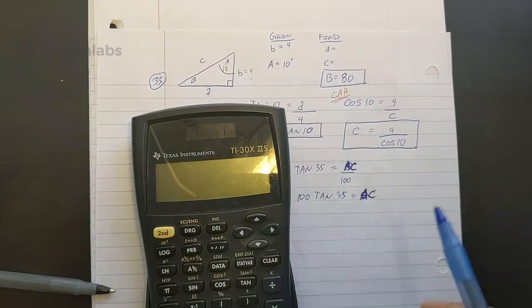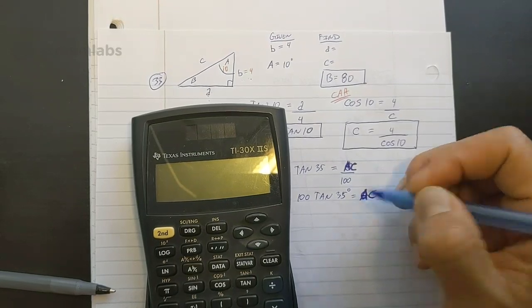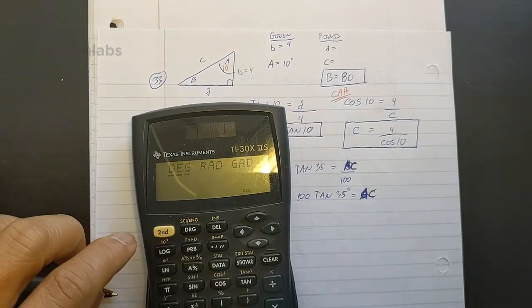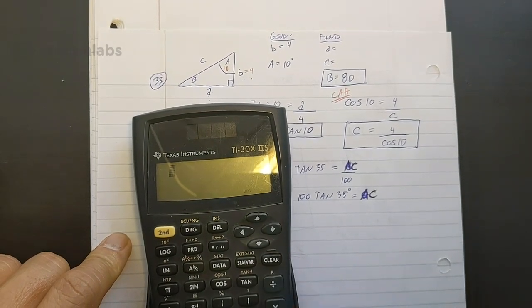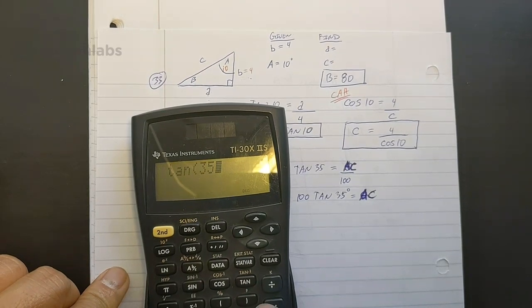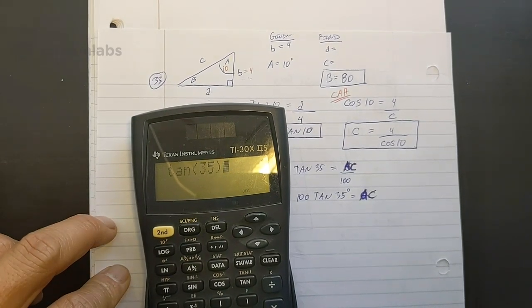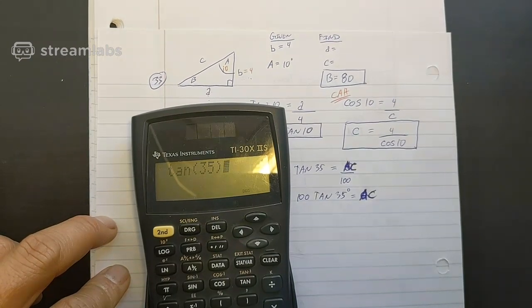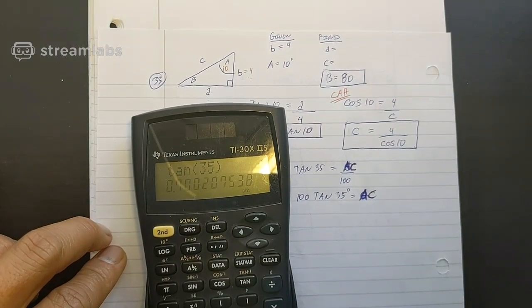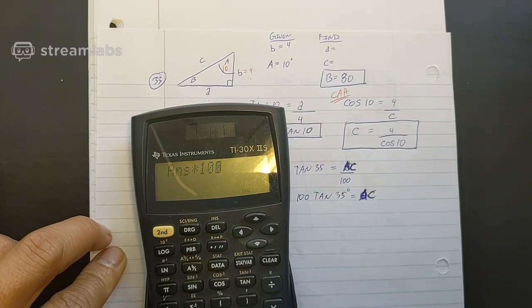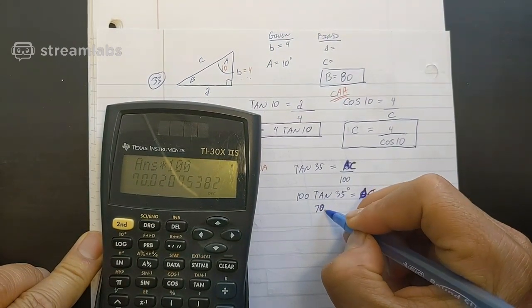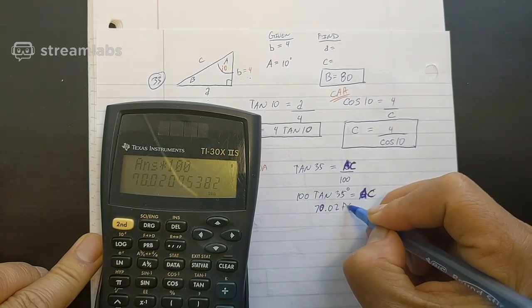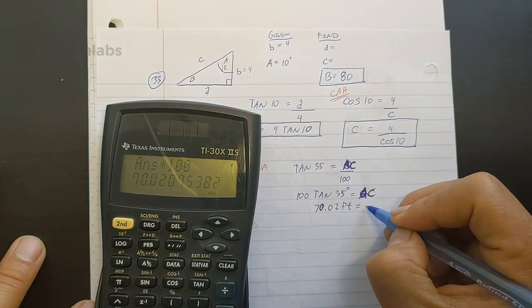Remember, 35 is in degrees, so when you turn on your calculator, make sure you are on degree mode. Clear this. So tangent 35, enter that, which is in degrees, and then multiply by 100. So your answer is 70.02 feet, which is equal to AC.